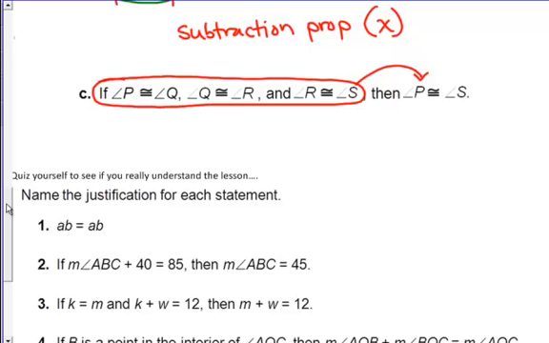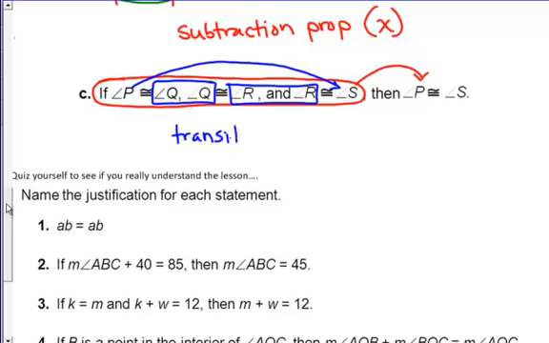Well, what I notice is I have what we call the bridge. Q is the bridge, R is the bridge. So angle P gets linked to angle S. And the property that allows you to do this is called the transitive property. This is actually of congruence because of that congruent sign.